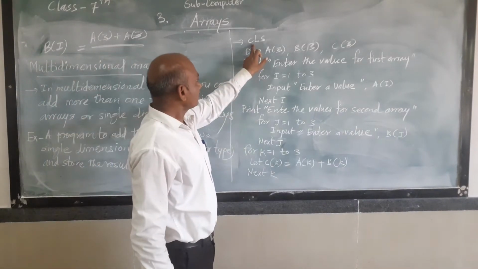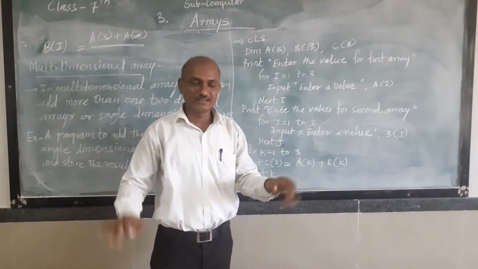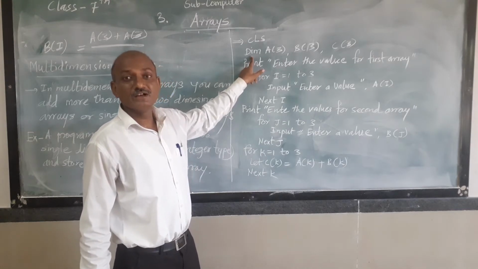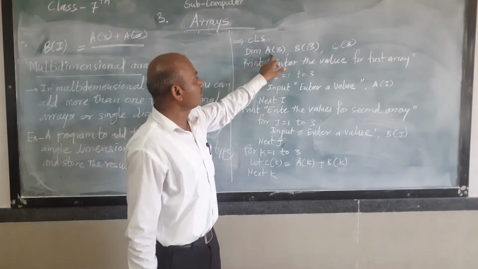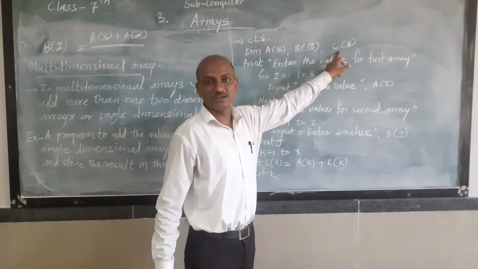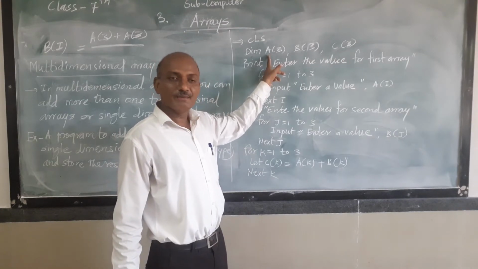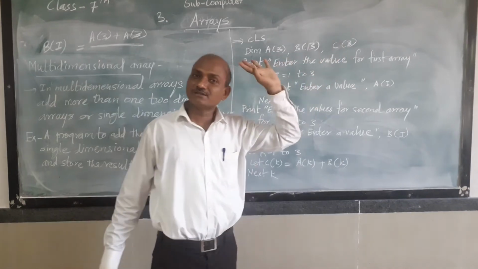See, CLS, you know the CLS command. CLS means clear the screen. Dim means dimension, means declare, define. We define a of 3, b of 3 and c of 3. So a is a single-dimensional array, b is a single-dimensional array, c is a single-dimensional array.